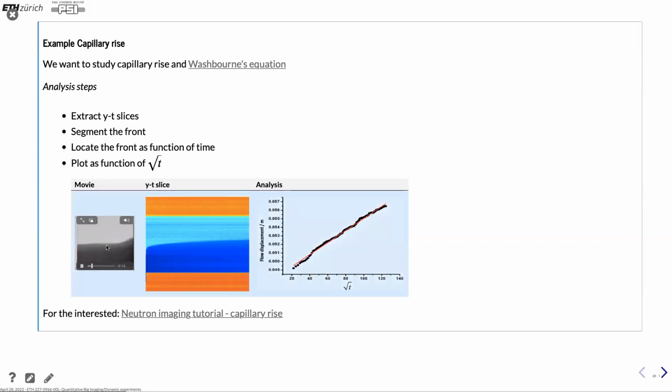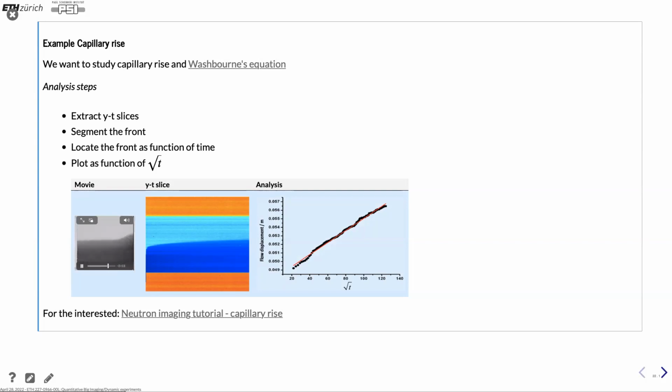What you can see here, it's moving up slowly. Not very exciting maybe, but anyway, you can see that the front is moving up. And if I extract this YT image, you can see that it's going up very rapidly in the beginning, and then it's slowly converging to some static position.